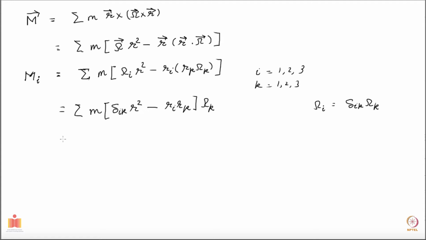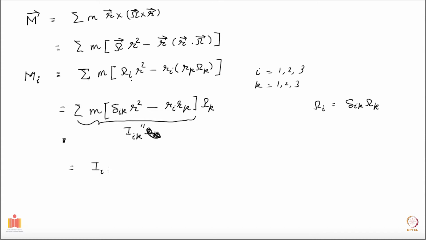So I can write it down as, if I define this thing as I, now how many indices should this carry? If it was a vector, it would have one index i, but you see it is something else, it has two indices. So let me write down two indices here, ik, both the terms have two indices, times omega_k.